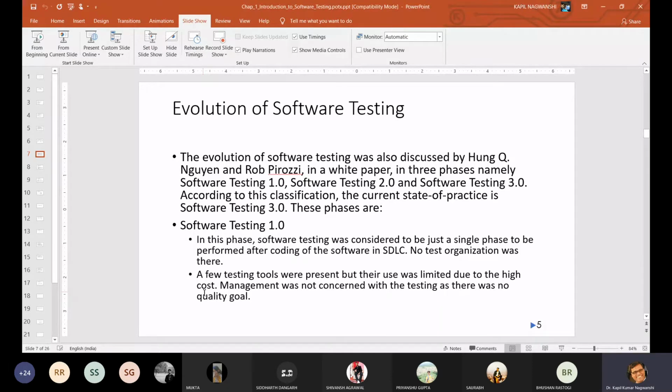So software testing was considered to be just a single phase to be performed after coding of the software in the software development lifecycle. No test organization was there. A few testing tools were present, but their use was very limited due to high cost. Management was not concerned with testing as there was no quality goal. That time only software development was our goal.